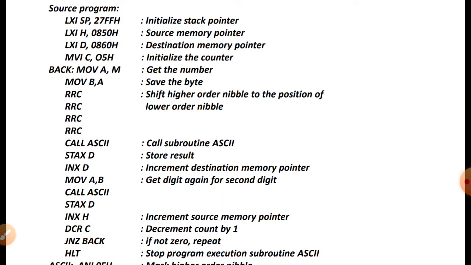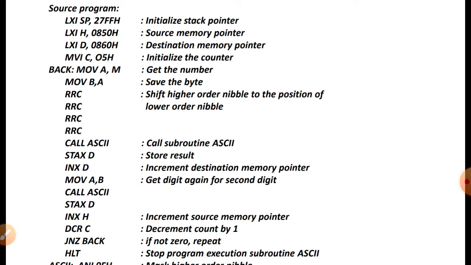Whenever we have to convert the binary number into ASCII code, we have two options. It depends upon what number has to be converted, whether it is a numeric or an alphabetic. If it is a numeric number, we have to add 30. If it is alphabetic, then we have to add 37H instead of 30.